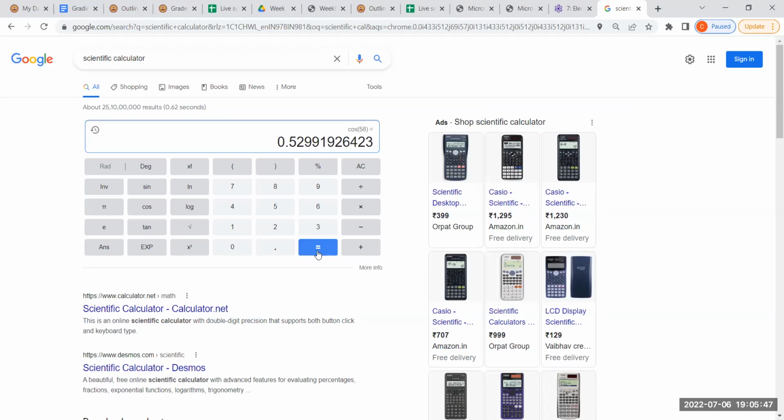That is how the inverse function works. Once you press inverse, it will operate on the number and give you the angle. So what is an inverse function? When you write cos theta, what is cos doing? Cos is a function which operates on theta to give you a number.